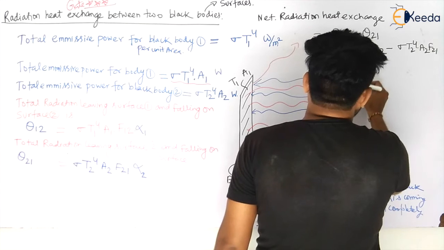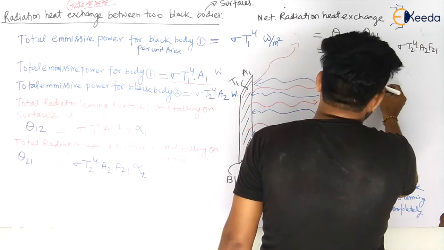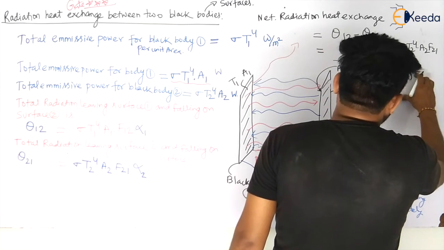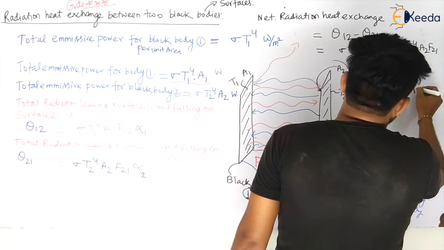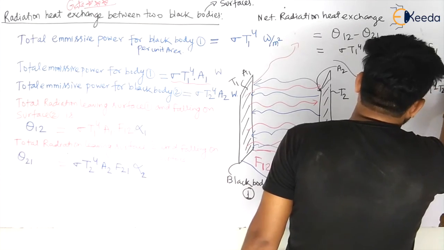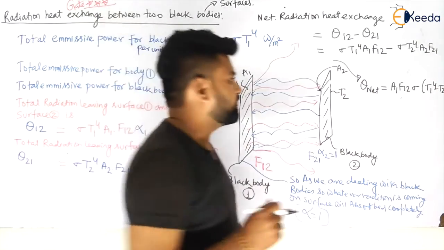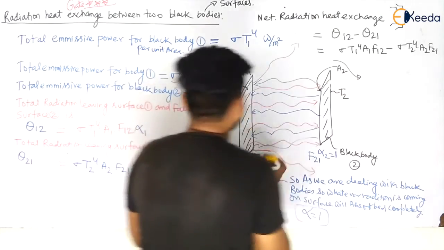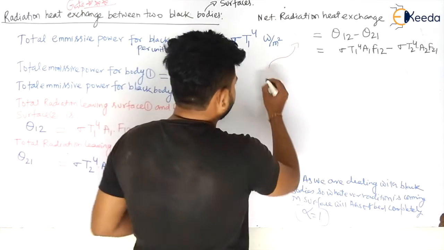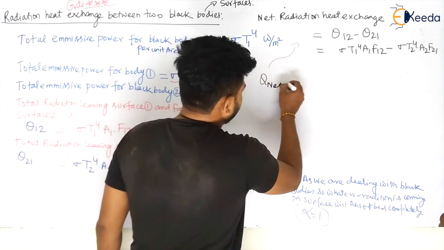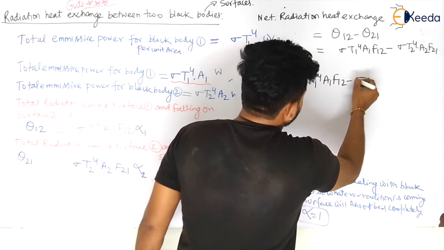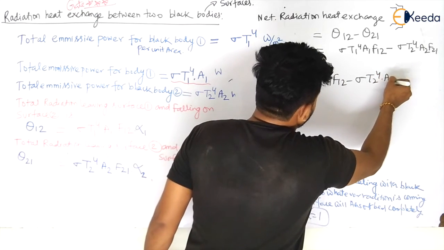So in this case, the net radiation heat exchange Q net will become equal to A1 F12 into sigma into T1 to the power 4 minus T2 to the power 4. Or directly, the net radiation heat exchange Q net will be given by sigma T1 to the power 4 A1 F12 minus sigma T2 to the power 4 A2 F21.